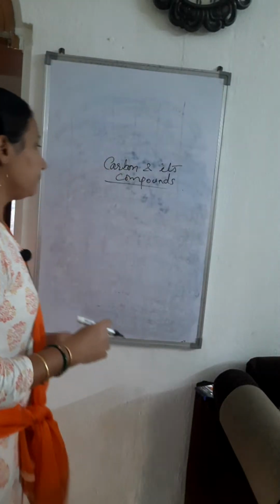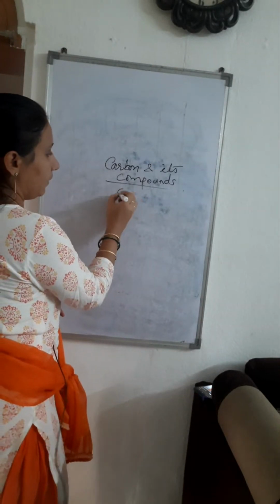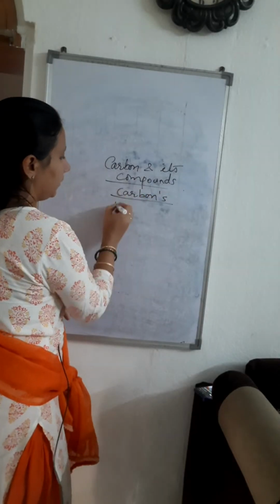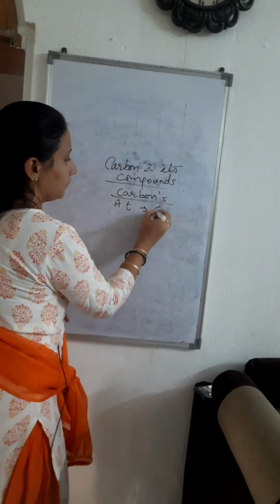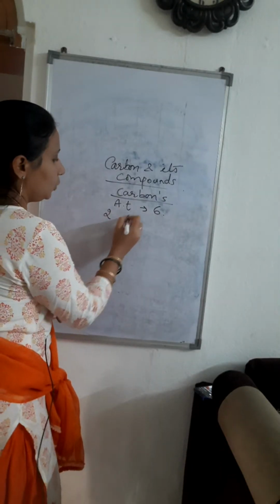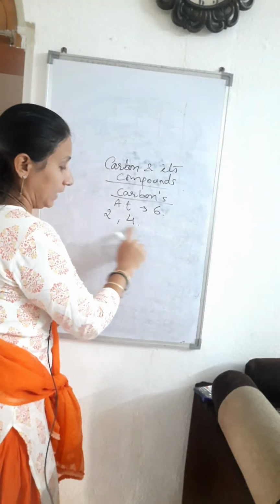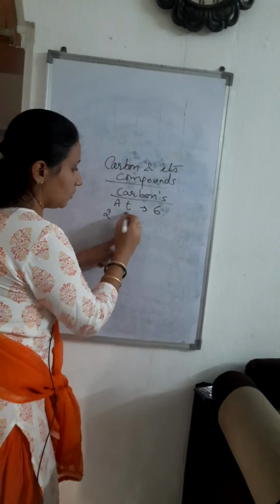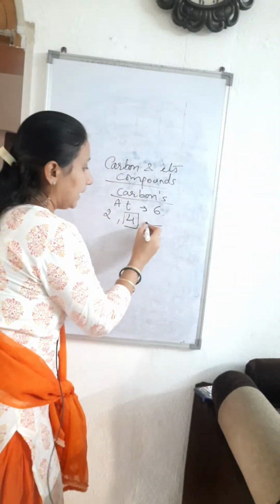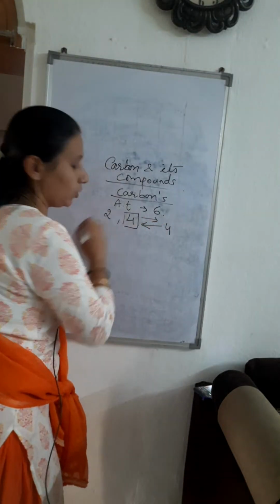For that, the reason is carbon's atomic number. Carbon's atomic number is 6. As its atomic number is 6, its configuration is 2 and 4. Its valency: as it has 4 electrons in its outermost shell, it can accept 4 electrons or it can donate these 4 electrons.